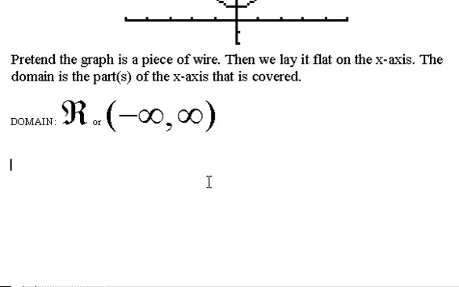Now, to find the range, we pretend, again, the graph is a piece of wire.